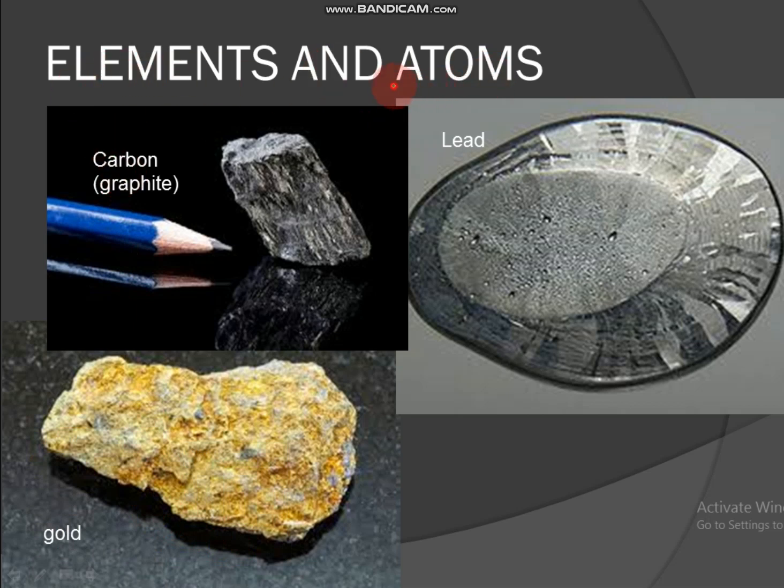First of all, we'll study atoms. Assume that you keep breaking this lead into smaller and smaller chunks. You would eventually get a smaller chunk that you won't be able to break anymore. If you somehow break that, you would lose some properties of that lead.